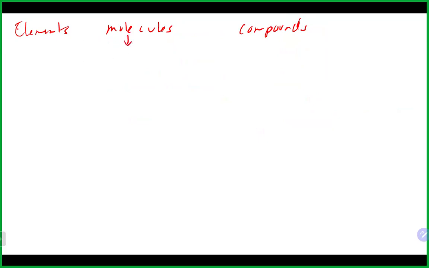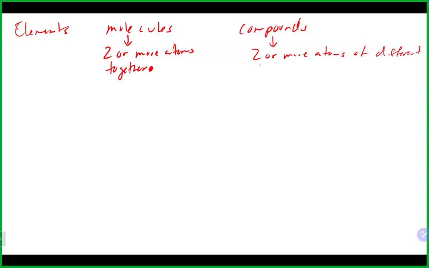Remember that molecules are, by basic definition, two or more atoms together. They can be the same elements, they can be different elements, but for something to be a molecule, all you need is two or more atoms. For a compound, you need two or more atoms of different elements involved.